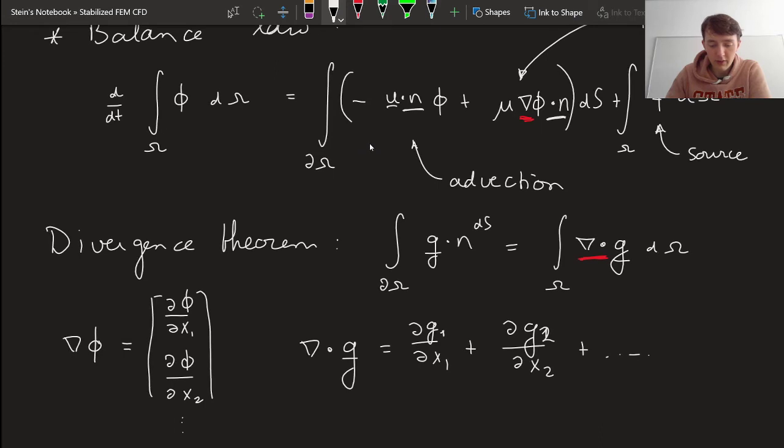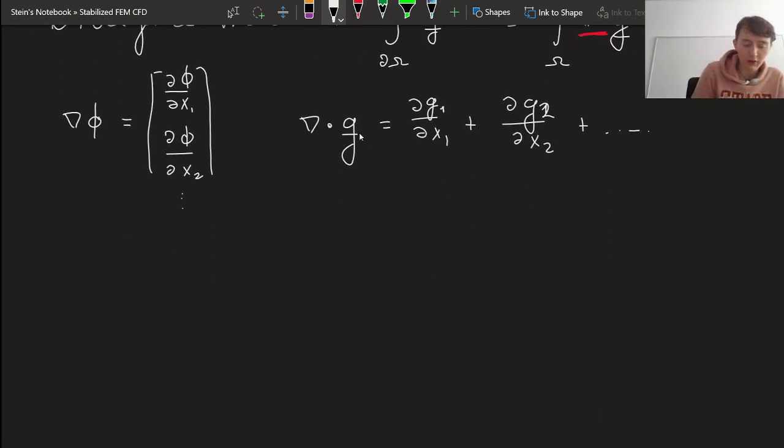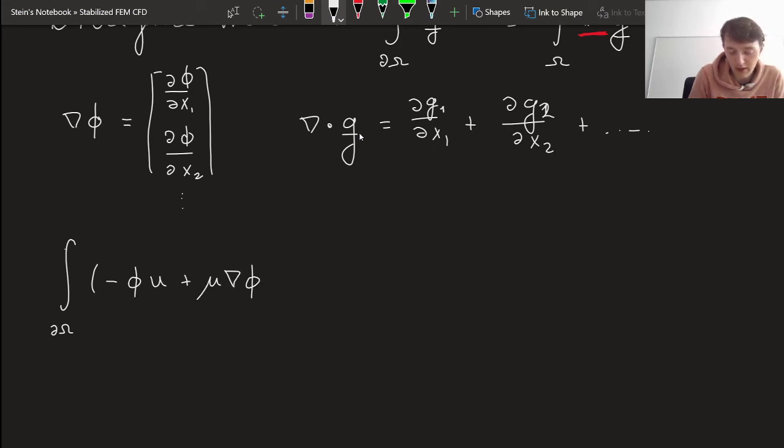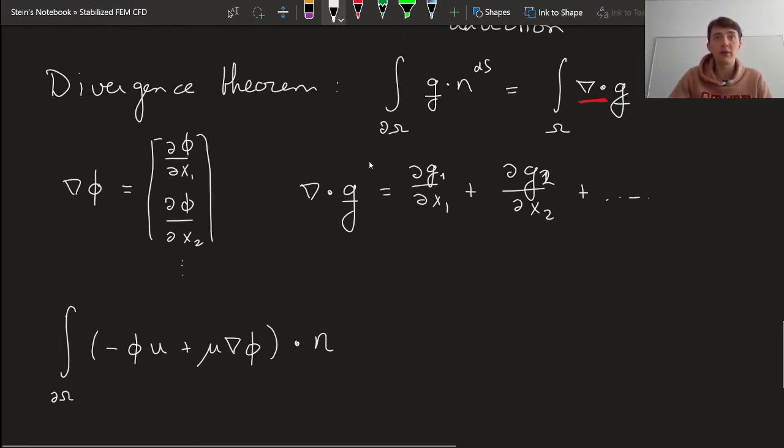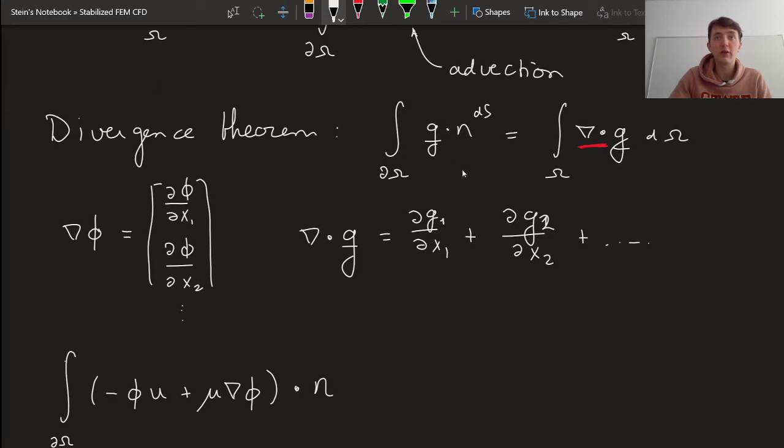So let me explicitly state that here. So we had originally an integral along the boundary of our control volume, and I'm going to collect everything into a single object that is dotted with the normal, and that will be minus phi u plus mu gradient phi. And this was dotted with the normal, so that's going to be effectively our g in this divergence theorem.